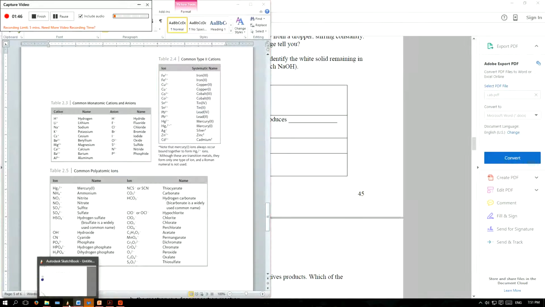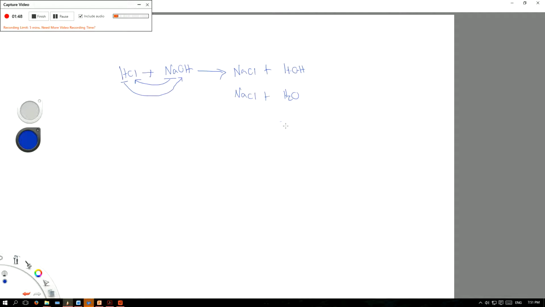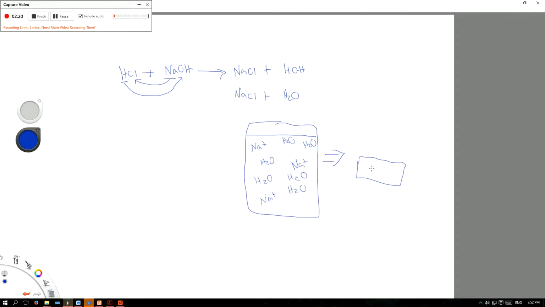Now this one, you just have to think of it physically again. So here we have the Na plus going around, and we have H2O, but H2O is everywhere, right? You're doing your reaction in water, so basically you just make more H2O than was already there. But what happens when you put it on a hot plate, or whatever it was, a Bunsen burner?